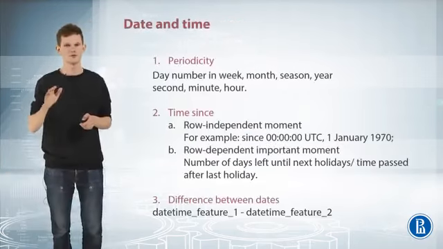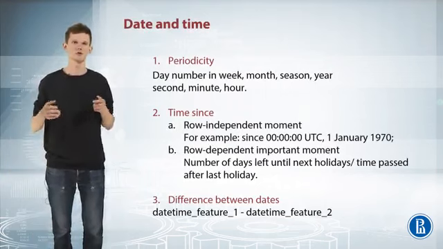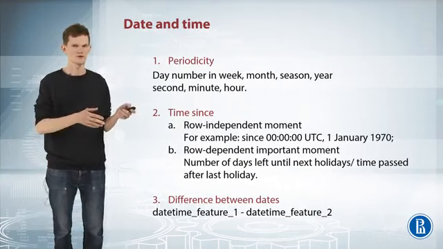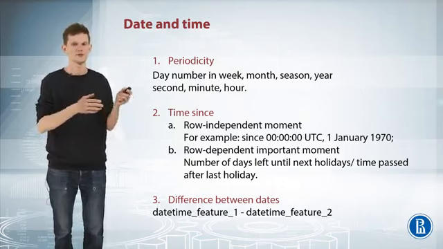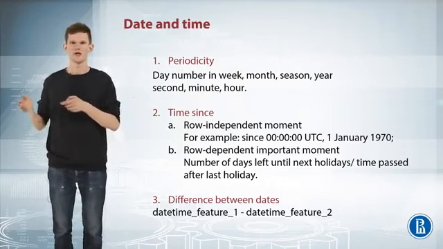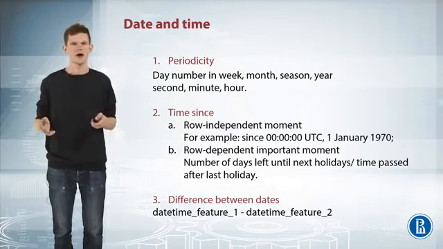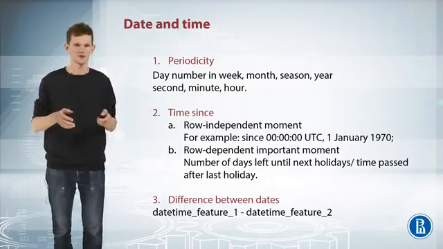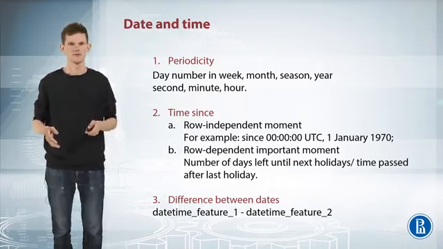Note that after generating features from datetime, you usually will get either numeric features, like time passed since year 2000, or categorical features, like day of week. And these features now need to be treated accordingly, with the necessary pre-processings we have discussed earlier.